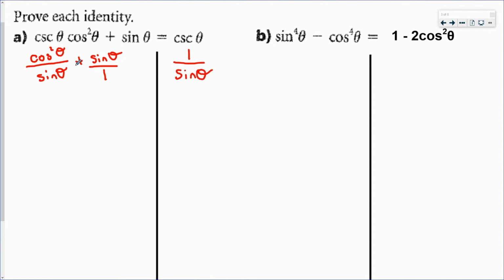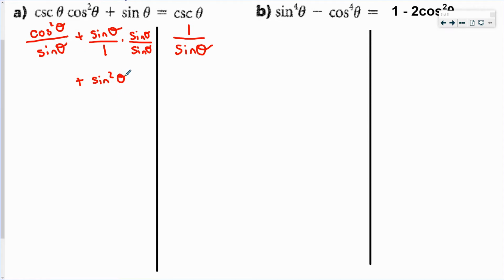Okay, so I'm looking at this and I'm sort of saying, well, maybe if I got a common denominator, that would help me out. So I'm going to multiply by a form of 1. I'm going to multiply this fraction over here by sine theta over sine theta, which is going to give me sine squared theta over sine theta, and this one over here is not changing. There you go.